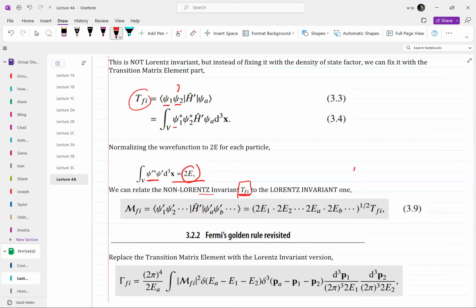But then the scripty M, down here on the left, usually written as this little scripty M, MFI, is the Lorentz invariant version of it. And then we'll have a little homework for you to prove that if you just multiply this wave function by 2 times its own energy, then you will get a Lorentz invariant instead of a non-Lorentz invariant.